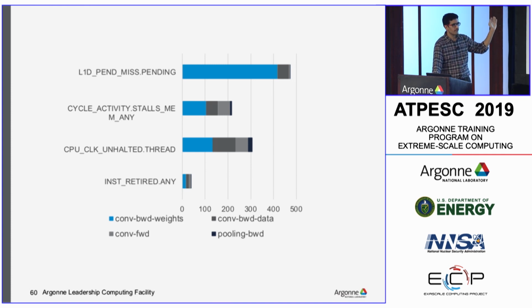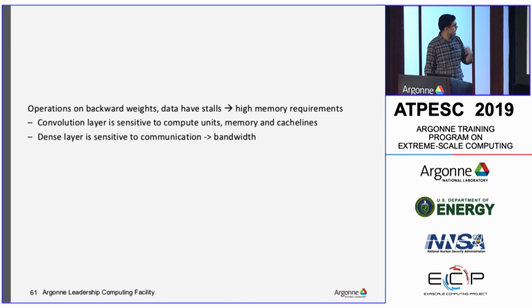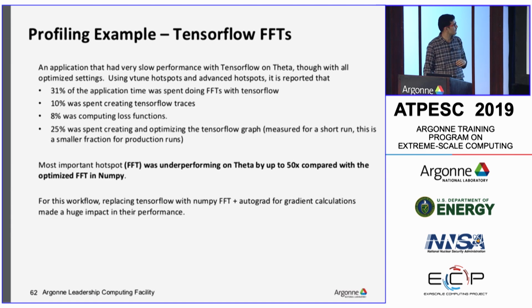These plots show you a brief characterization of the hardware-level implementation of my kernels, and whether they are bound by compute, memory, or IO parameters. Some of the things we could analyze: convolution layers are more compute bound, so they are bound by the computing resources, and dense layers are more sensitive to communication, that is, the bandwidth information.